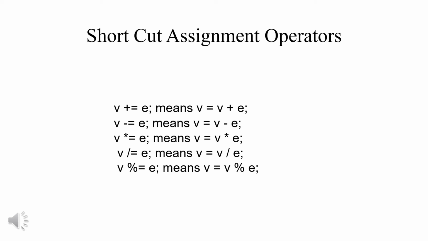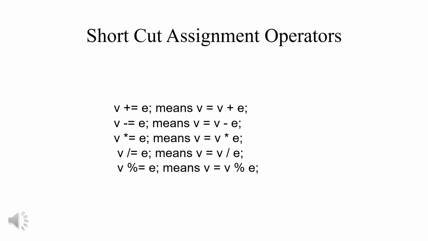So we have the shortcut assignment operator. Sometimes it happens that in one line of code you have the same variable repeated on the right hand side and the left hand side. And actually what you as a programmer want to do is add a value to a variable and then store that value inside the same variable.